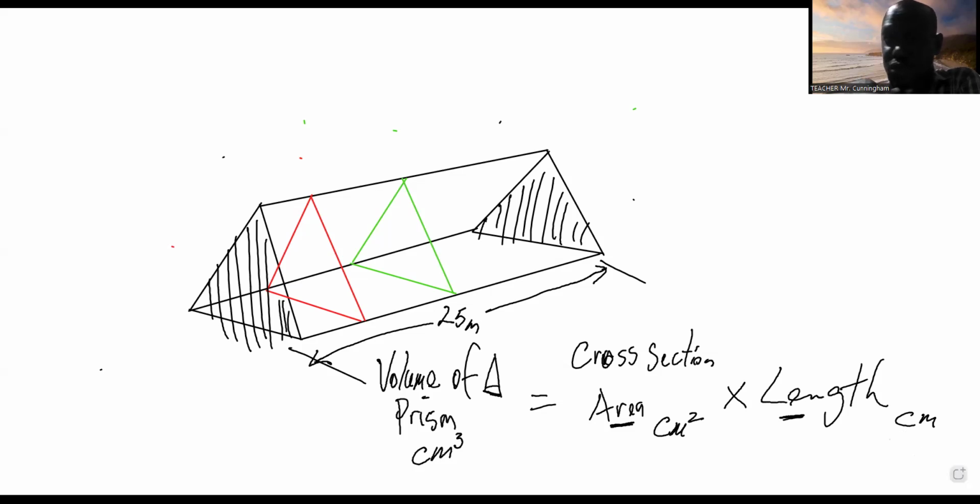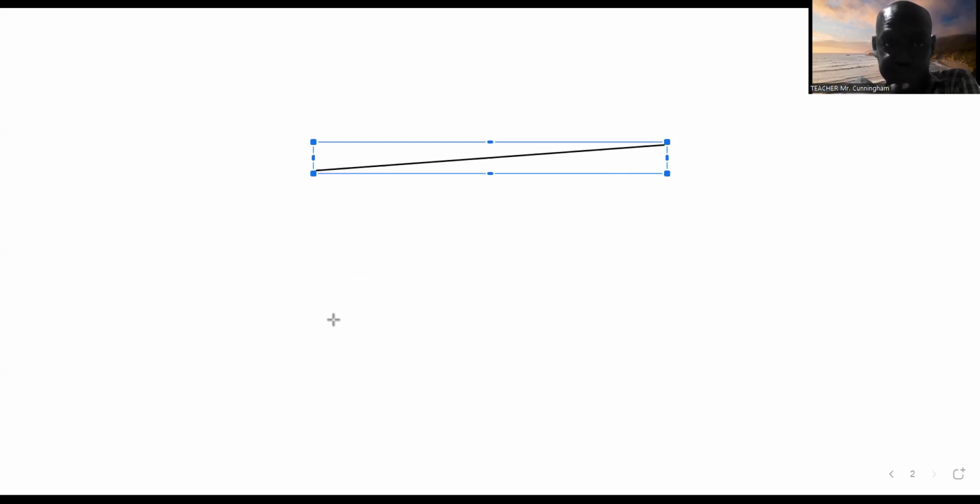I'll give you one more just to show you something, just in case they bring it tomorrow. Watch this shape.